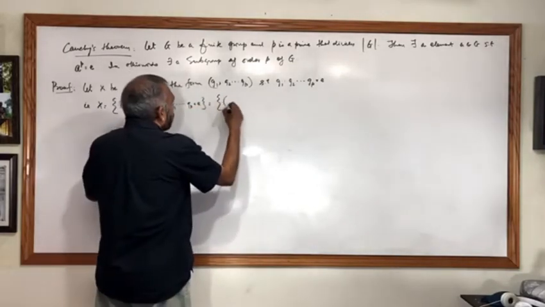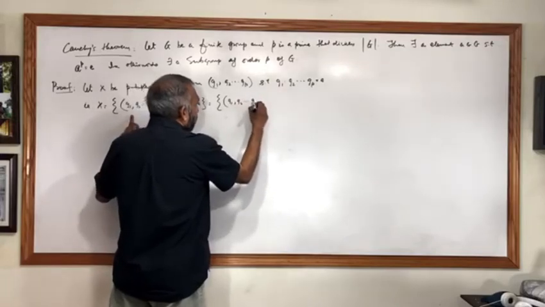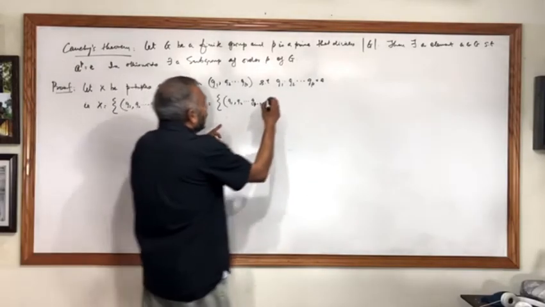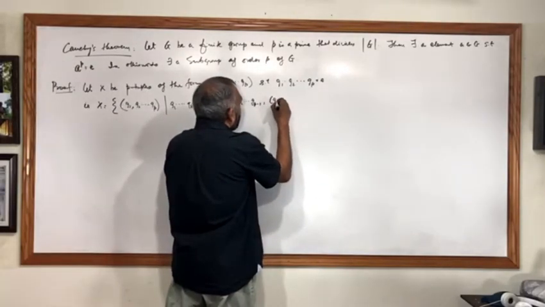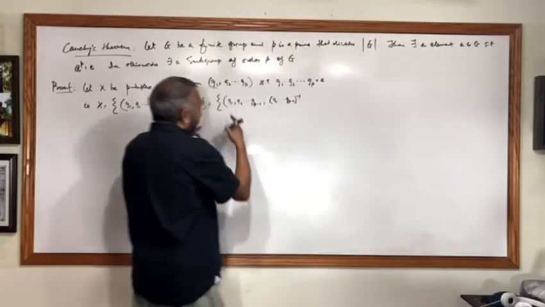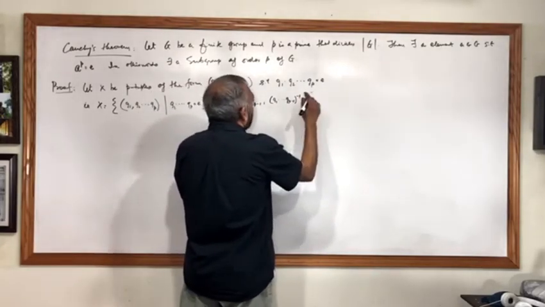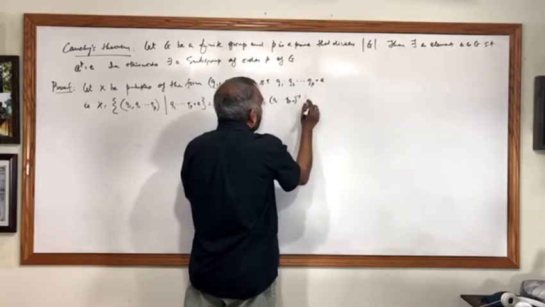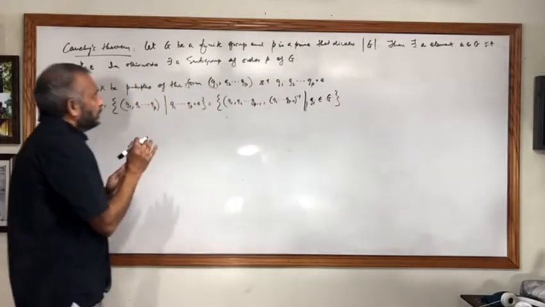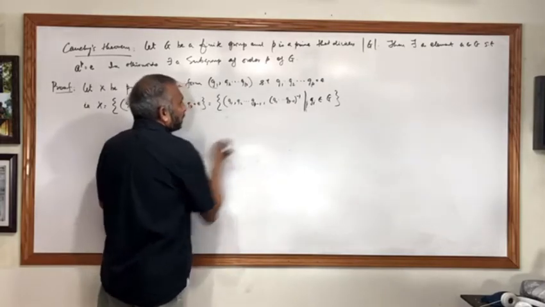So it will be like this: (g1, g2, ..., g(p-1), (g1 ... g(p-1)) inverse), where gi belongs to G. Instead of saying like this, you are writing the tuple like this.